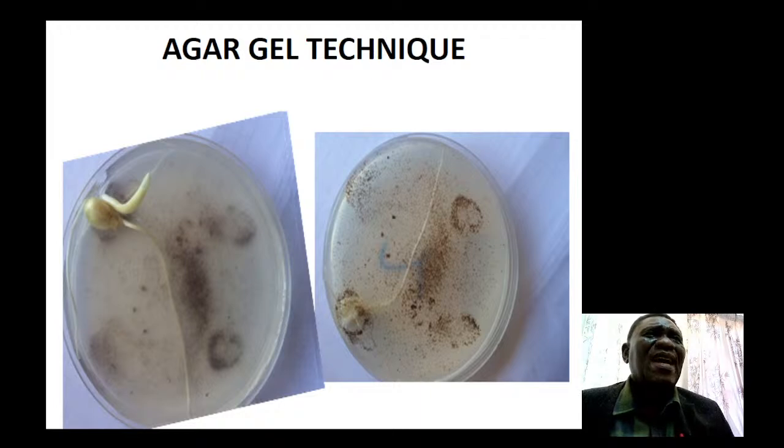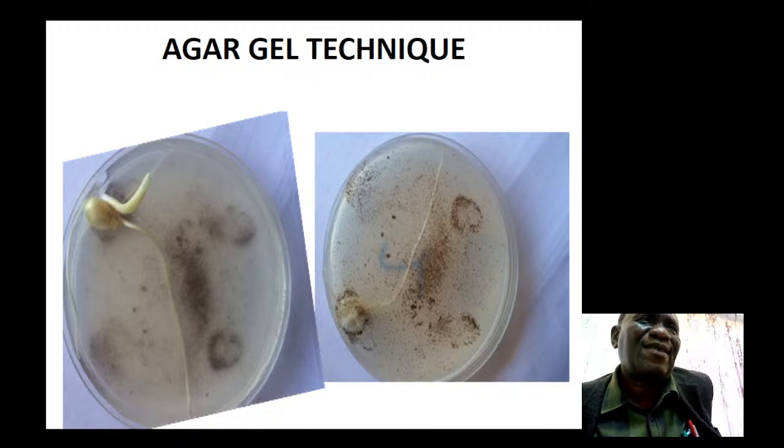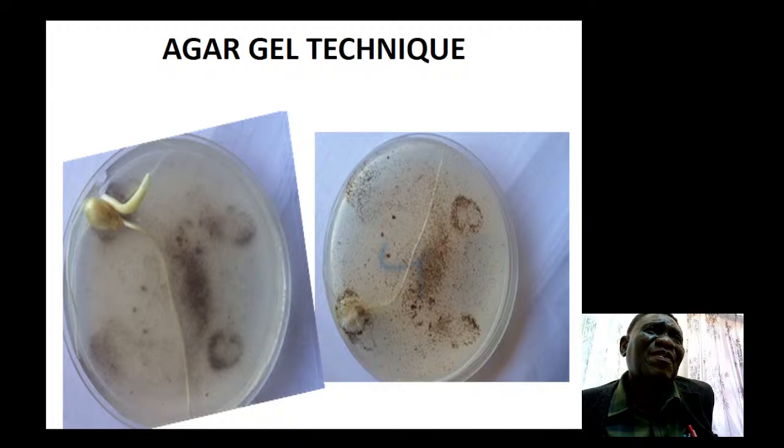He used the agar gel technique where you have maize roots growing through the infested areas of Striga, and in these petri dishes phosphorus was varied.